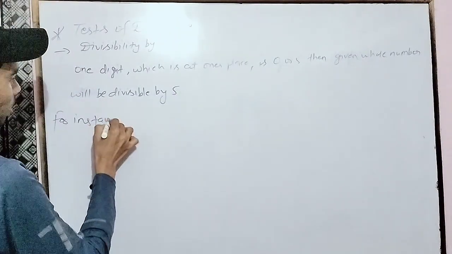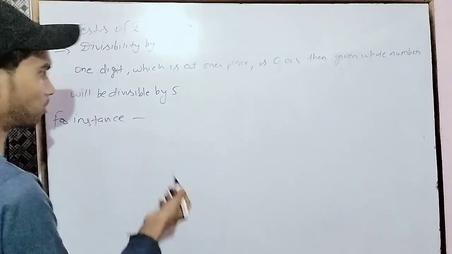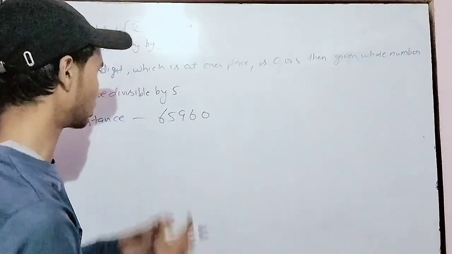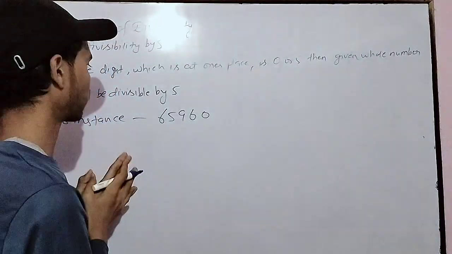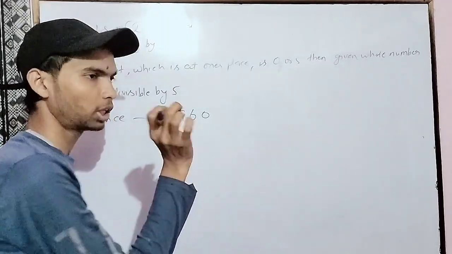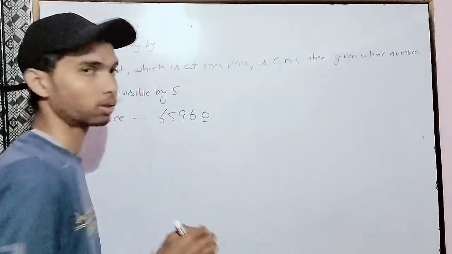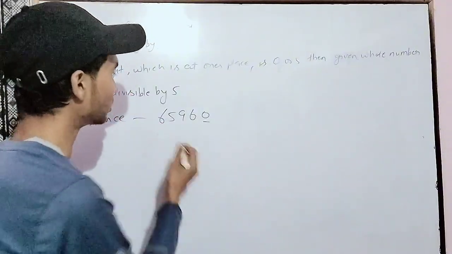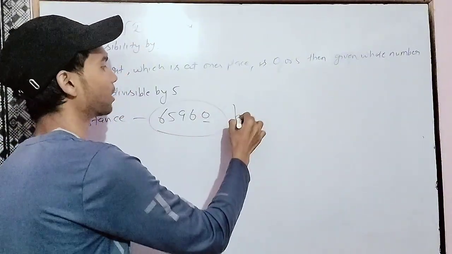For example, let's say 6 5 9 6 0. Okay, this is a whole number. Now we only need to observe the digit which is at one's place. This is 0. That's why this whole number is divisible by 5.